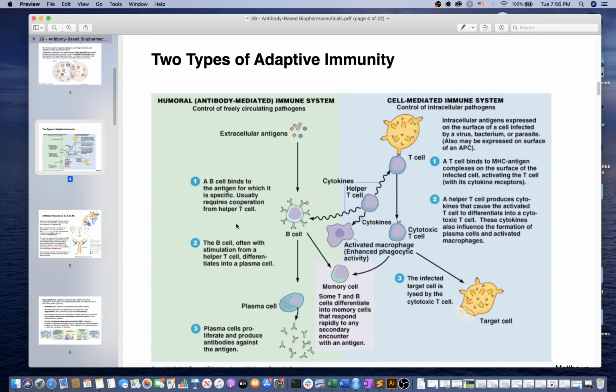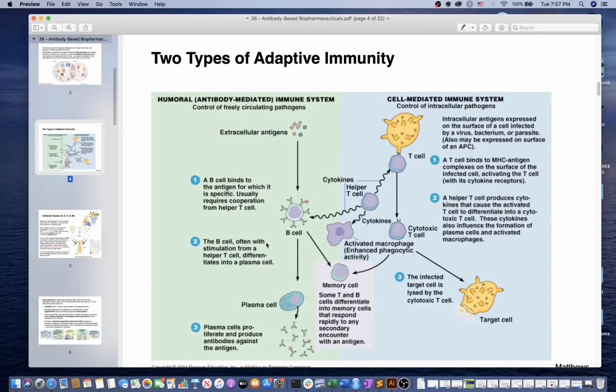This part is looking for something specific on the pathogen, like extracellular antigens, but that part is about something abnormal happening on your normal cells, which can be recognized by the T cells, like the cancer, the anti PD1 stuff.